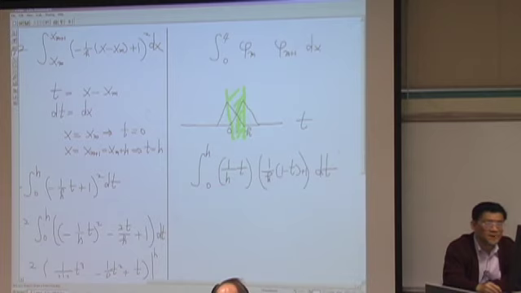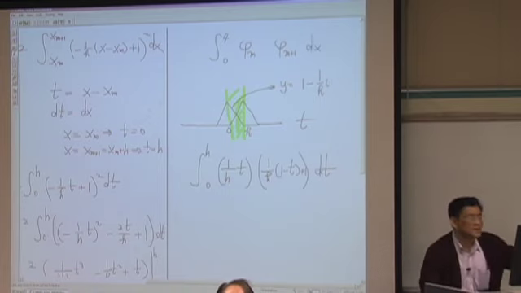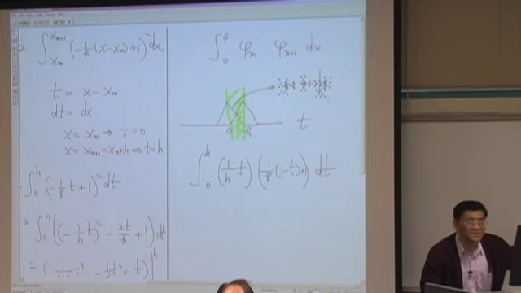Let's find the equation of this line. It should not be difficult, right? y equals 1 minus, 1 over h is the slope, right? And then, reduced calculation is not coming.